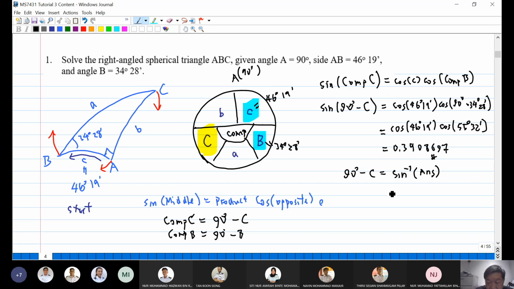You convert to degree and minute here, 23 degree. Almost 1 minute, because 31 seconds here, so this is 1 minute here. So C eventually is equal to 90 degree minus 23 degree, 1 minute here.